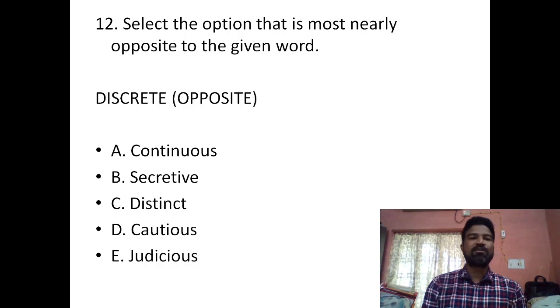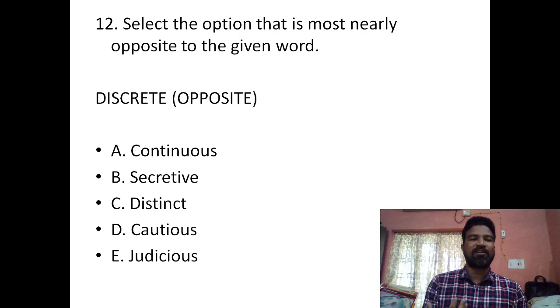Select the option that is most nearly opposite to the word given. Discrete, opposite. Options: continuous, secretive, distinctive, cautious, judicious. Your time begins now. Remember, before you find the opposite of any word, you must understand its original meaning.